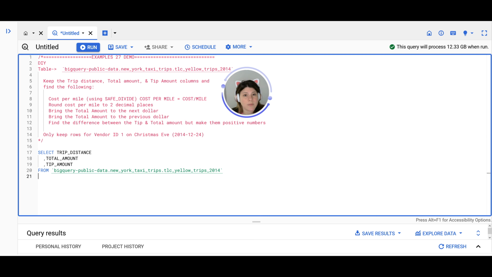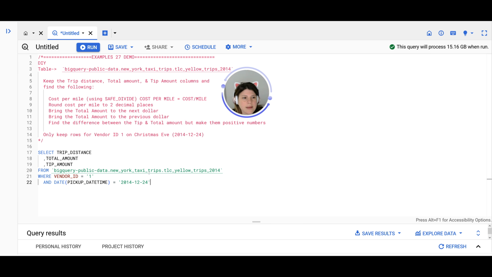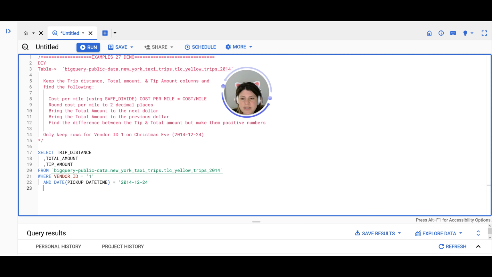So to filter our data, we always use where vendor ID equals 1, and our date of our pickup date time equals 2014-12-24, and this needs to be covered in quotation marks. Okay, and we see this, and let's go ahead and just put on our limit, and let's take a look at our data.